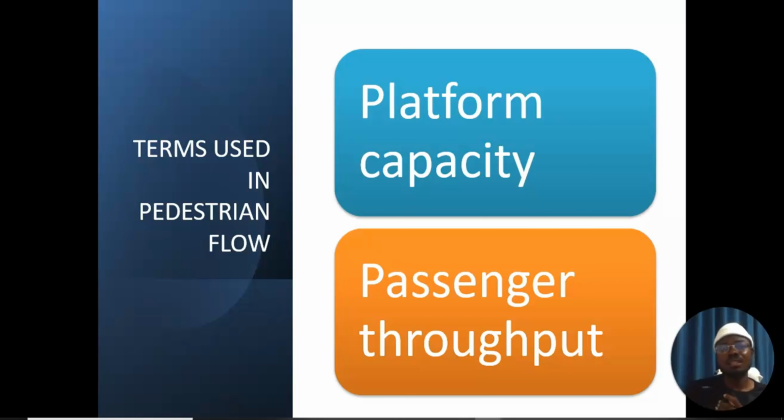And in the off-peak season, some of these stations tend to reduce to two or three units, whatever unit it is. So the number of passengers that can be processed at a given period is what we call the passenger throughput. That is some of the terminology.